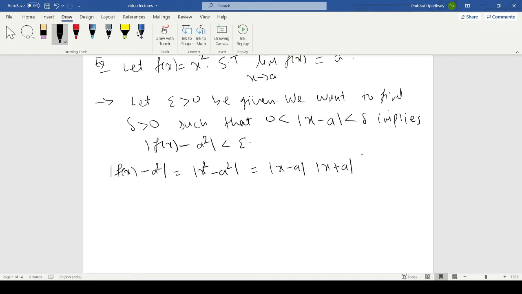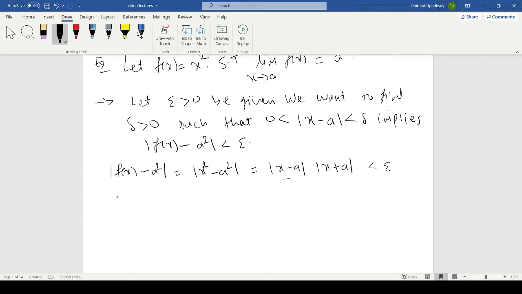And you want this term to be less than epsilon. Remember, we want to find a positive delta such that mod x minus a lying between 0 and delta will imply mod of f(x) minus a square is less than epsilon. That means I want a condition on my mod x minus a. And here I have got mod x minus a, but with it I have got one more extra term, that is mod x plus a.